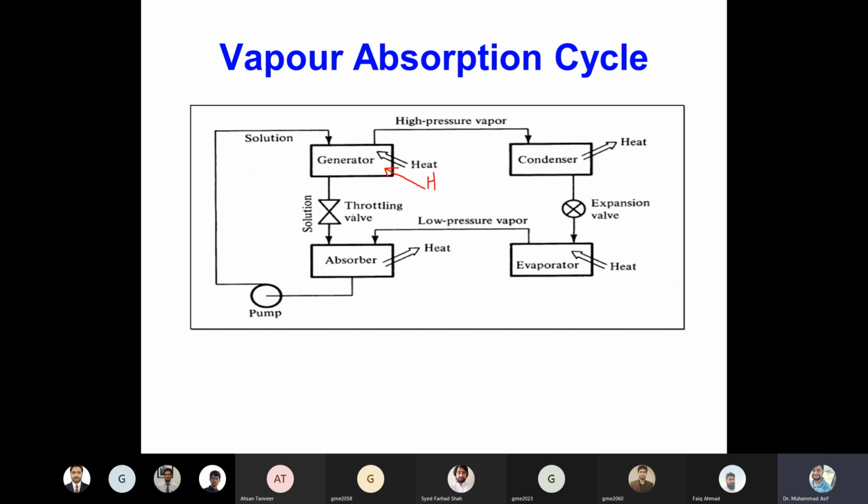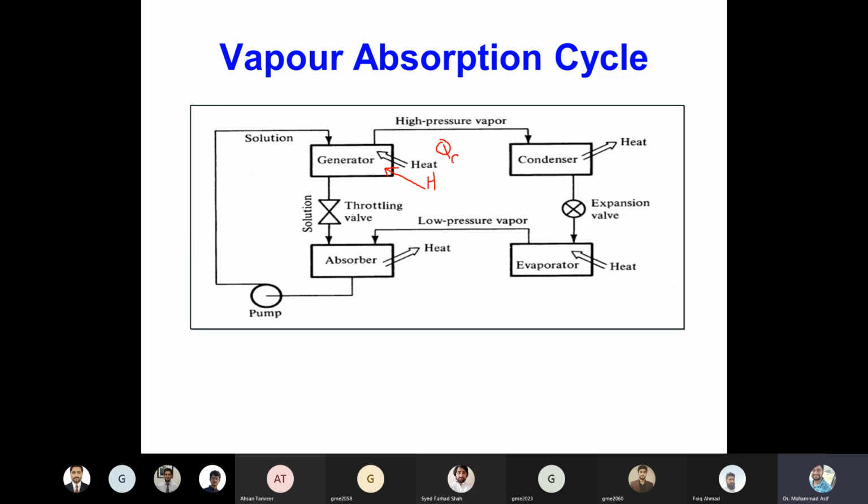This heat input is usually provided in the form of hot water or saturated steam, and that hot water or saturated steam is normally produced in the solar collector. So that means in order to run this vapor absorption cycle, or to evaluate its performance, or even for the design calculation, we first must know the requirement for the input.